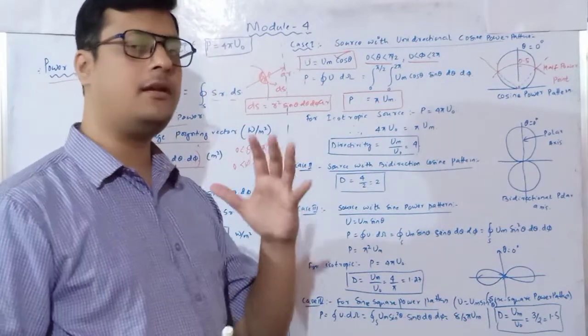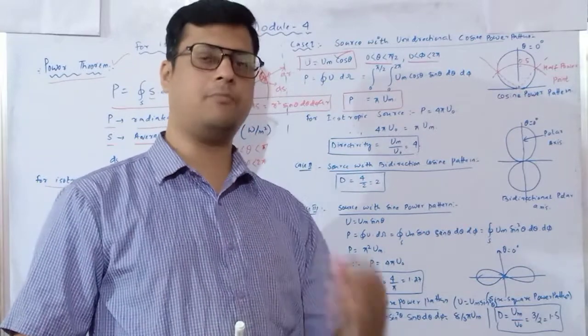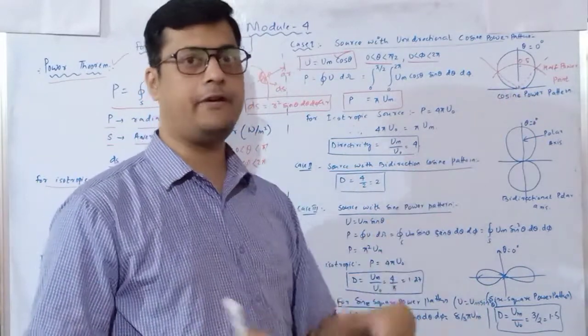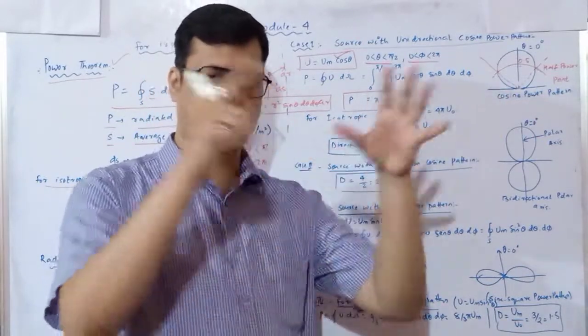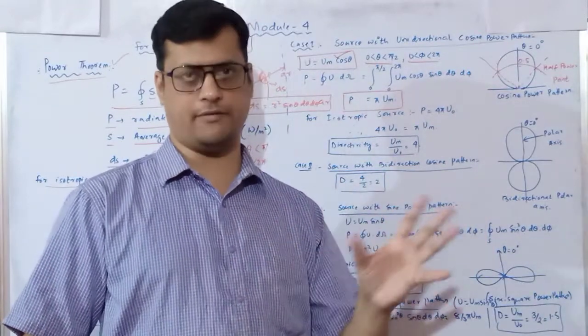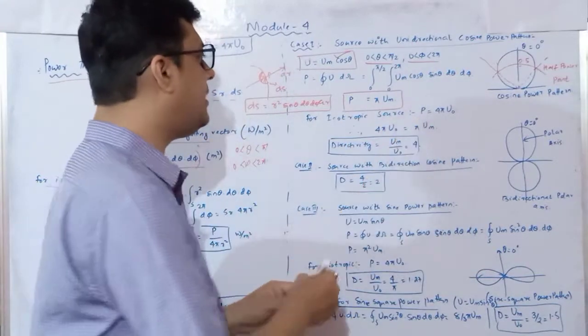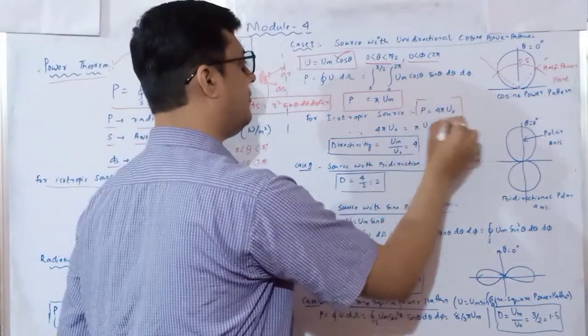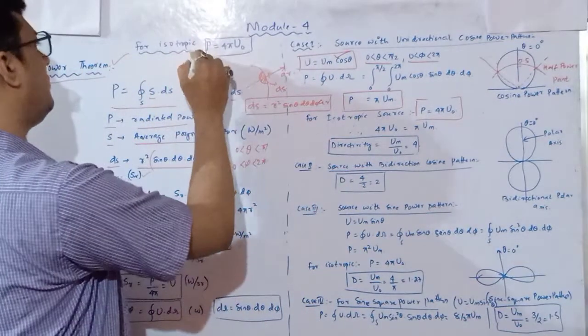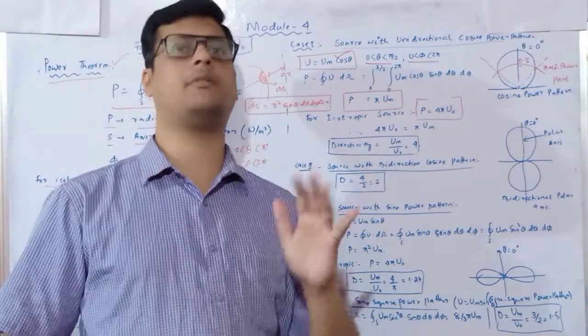Okay. Now we will form a relation with respect to the isotropic form. If the point source is isotropic in nature, meaning it is spreading the energy in all directions, then what will be the directivity? According to that we have to see. So for a point source we have P equals 4 pi u naught. Here I have written for isotropic P is equal to 4 pi u naught. U naught is the reference value.